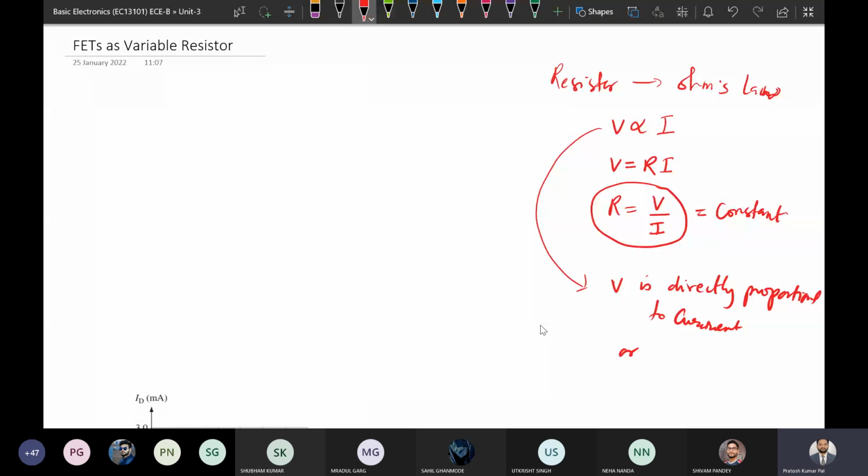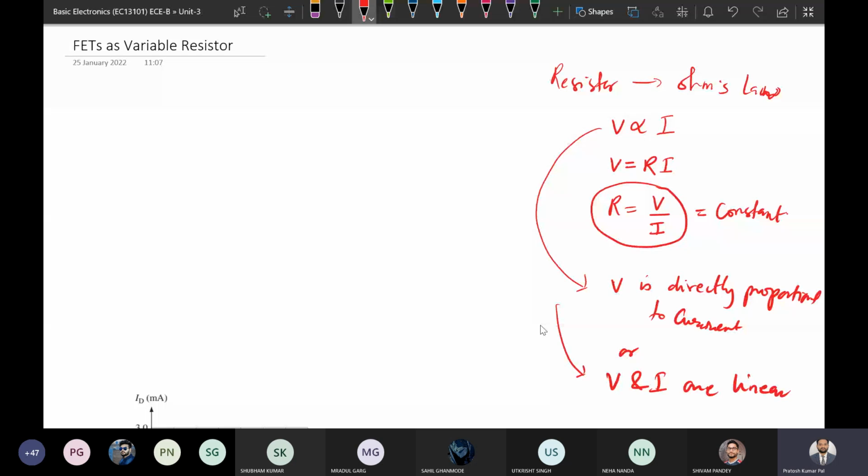So V and I are linearly related. If the relation between voltage and current is linear, then voltage divided by current will be a constant. That constant will be nothing but a resistance.